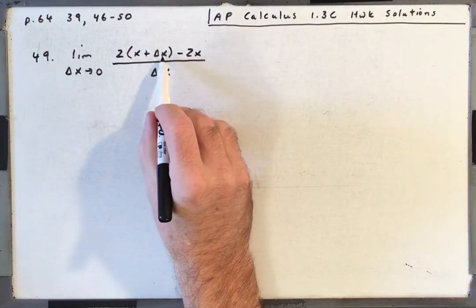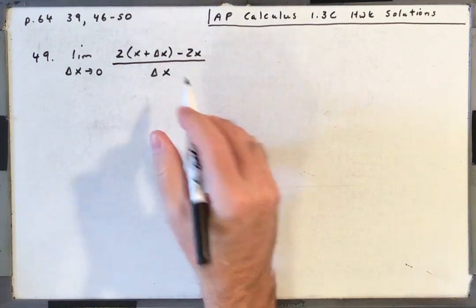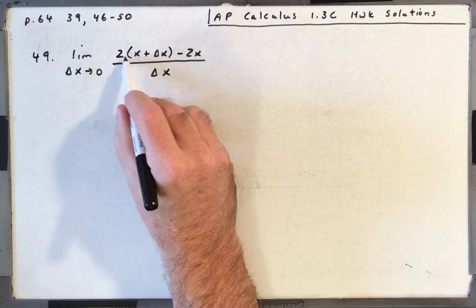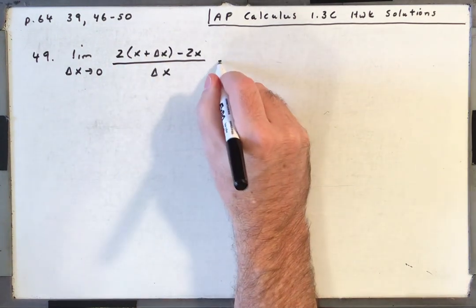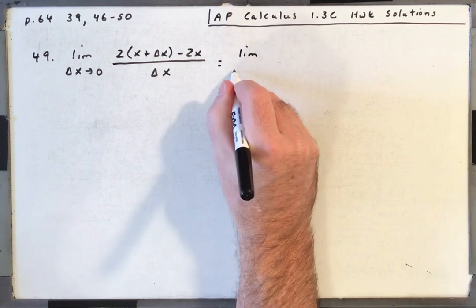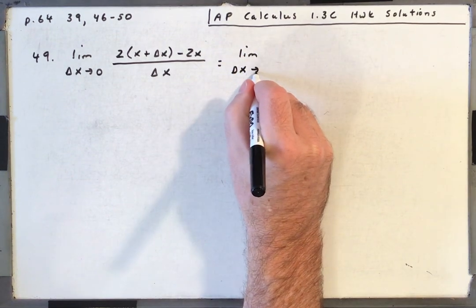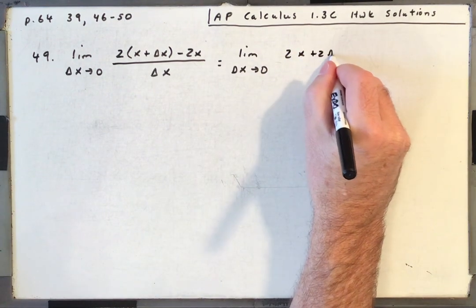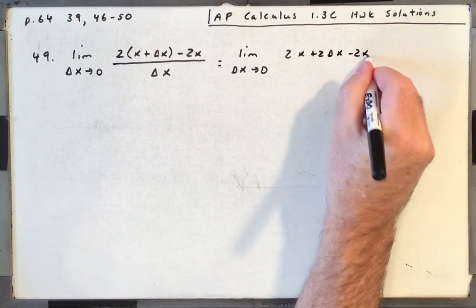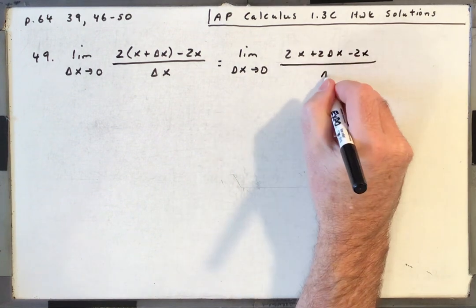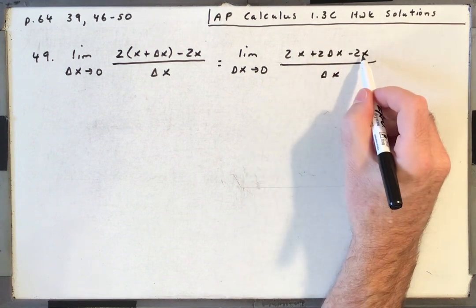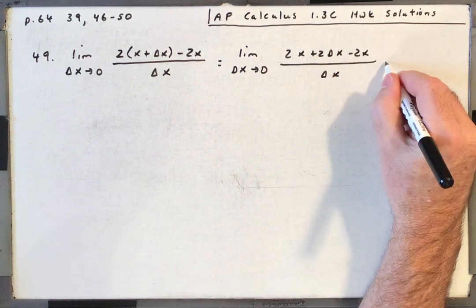All right, so that's going to be 0 over 0. Let's just multiply that 2, distribute the 2 across the top, see what happens. Sometimes you just got to try some things. So if we distribute the 2, I'm going to have 2x plus 2 delta x minus 2x over delta x. Well, what happens to the 2x and the minus 2x?